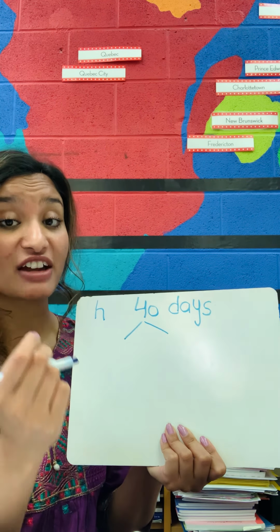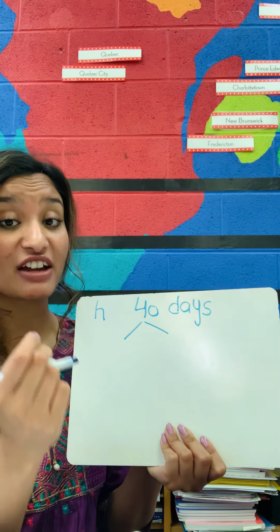So 1 week gives us 7 days, 2 weeks gives us 14 days, 3 weeks 21, 4 weeks 28, 5 weeks 35. Now grade 3s, if you paid attention, you would see that there's a times table that's happening. 1 times 7 gives us 7. 2 times 7 gives us 14.